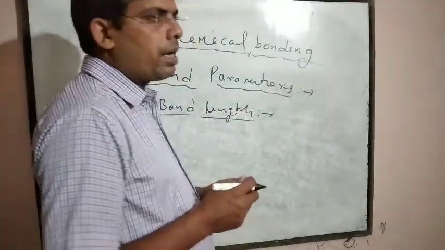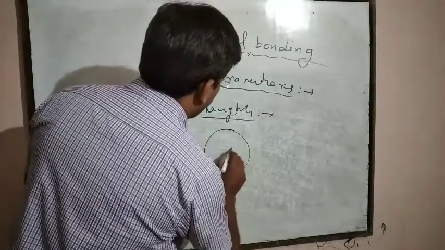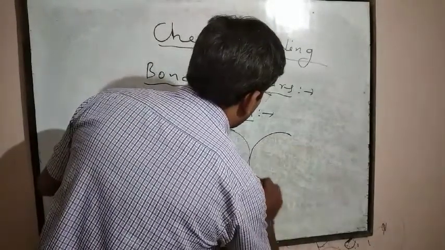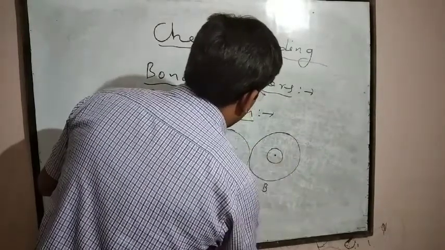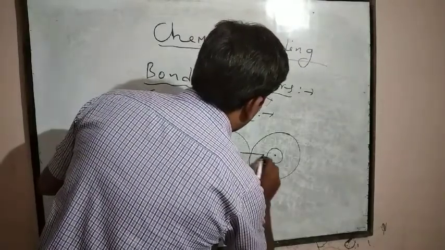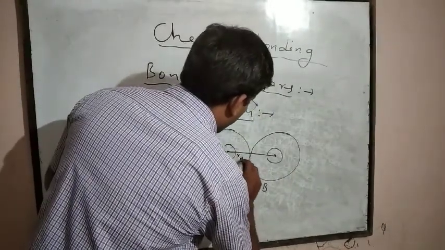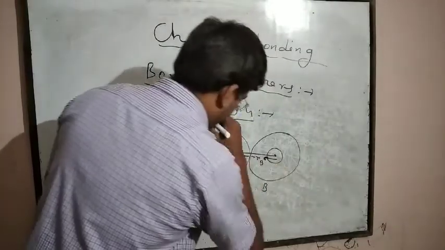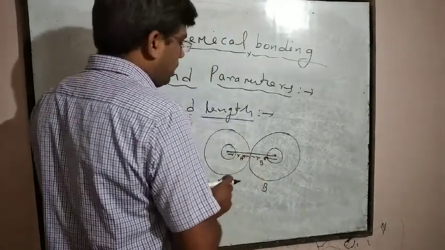Let us consider two atoms, atom A and atom B. Now, if the centers of the nuclei are brought together, then this one is RA and this one is RB.